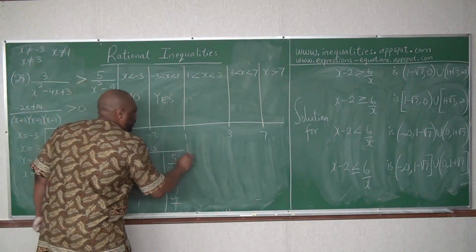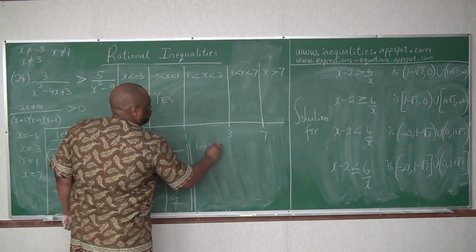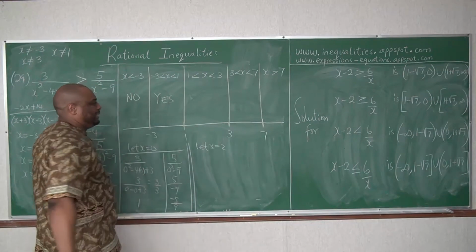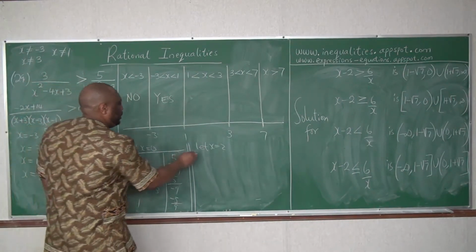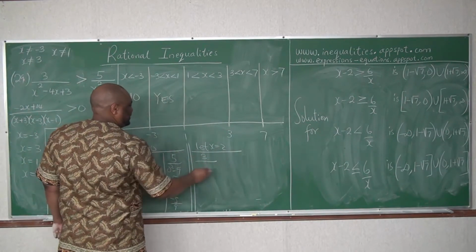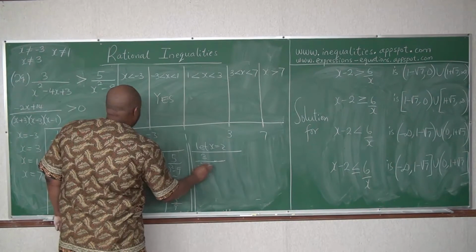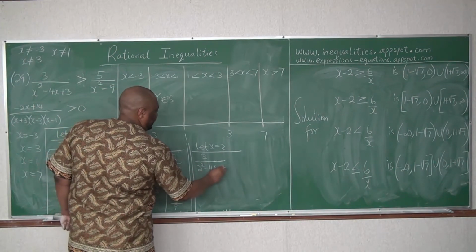Okay. I'll use double lines here. The next one, let x be 2, because 2 is easier to test with. So on the left hand side, this is 3 over 2 squared minus 4 times 2 plus 3.